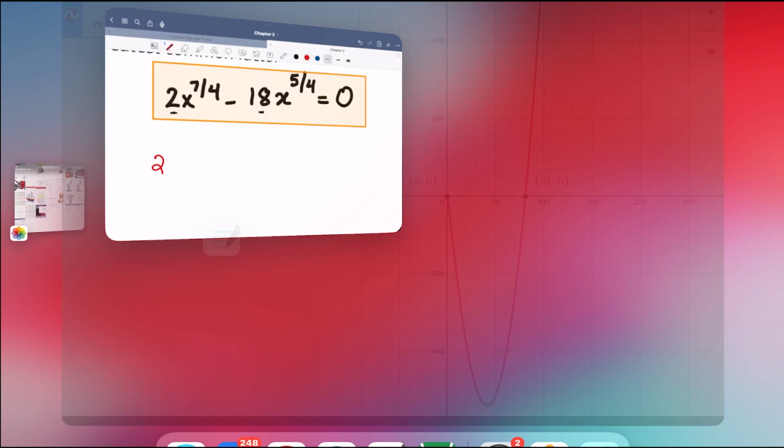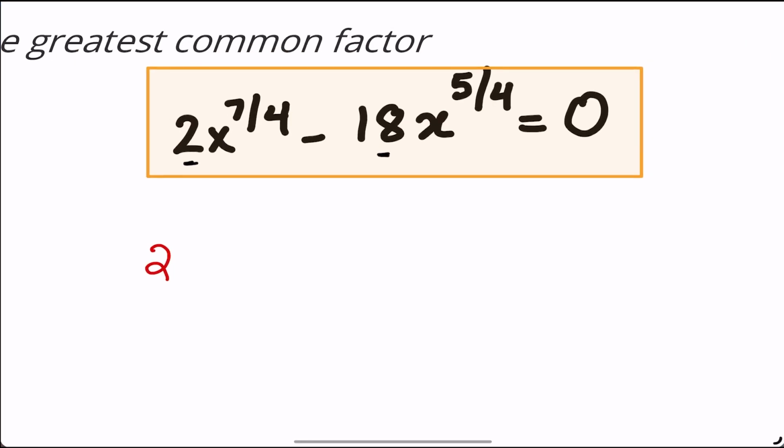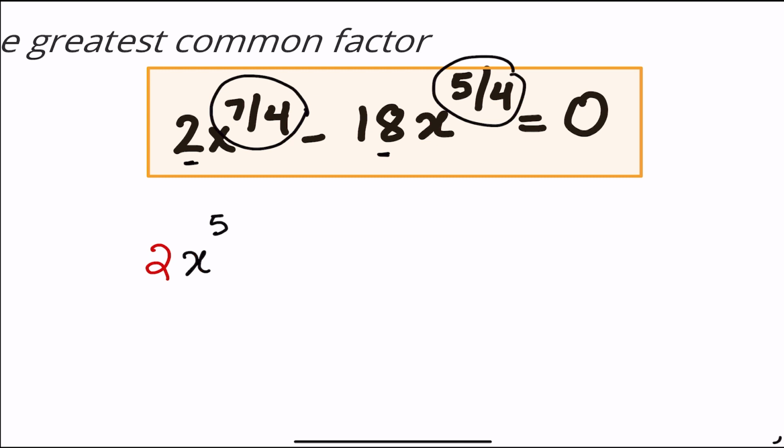Now let's check that out. From 2 and 18, I factor the 2. From the x terms, 7 over 4 and 5 over 4, I factor x to the power 5 over 4. Now from 2 and 2, 2 is out, so I'm left with 5 over 4.